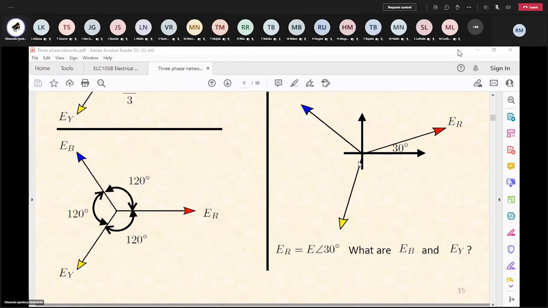We give you one piece of information and also tell you that this is a balanced system, then you will have to come up with the rest yourself. So it's important for you to see how it comes about.